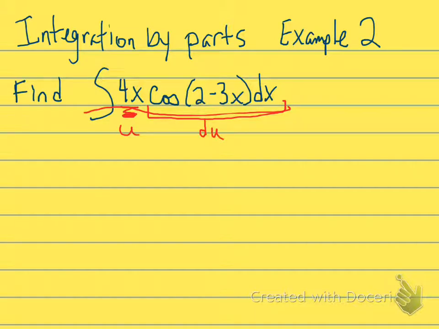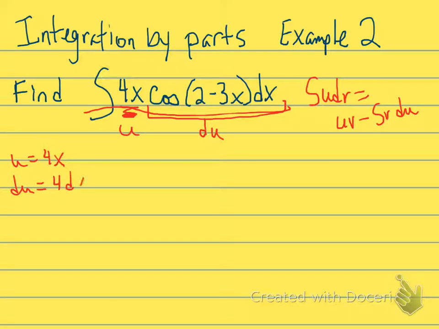And remember that the formula for integrating by parts is the integral of u dv will equal uv minus the integration of v du. So that's the formula. So if u equals 4x, then du equals 4dx.